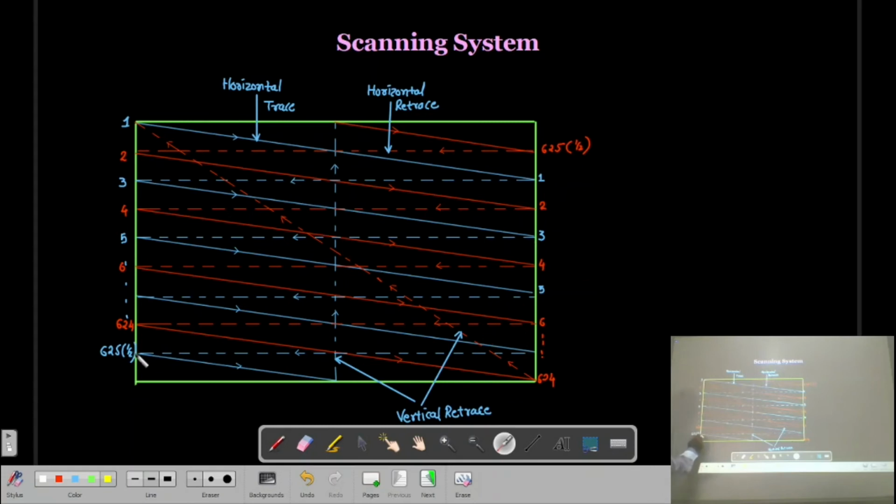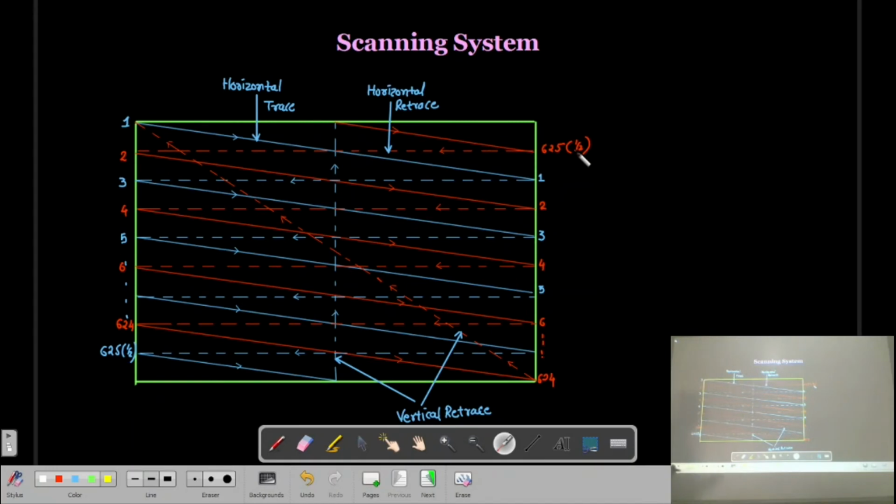And whenever this last line of the odd field, that is 625.5, is there, it is not exactly on the corner, but here it is in the center of the bottom. And from this, it will go to the center of the top, and then it will complete line number 625.